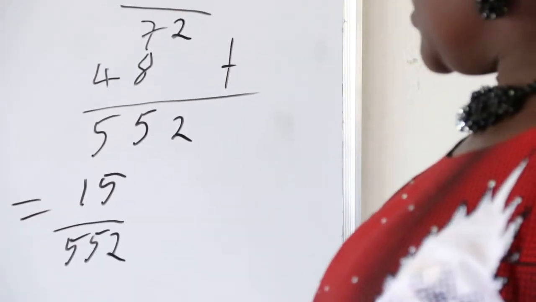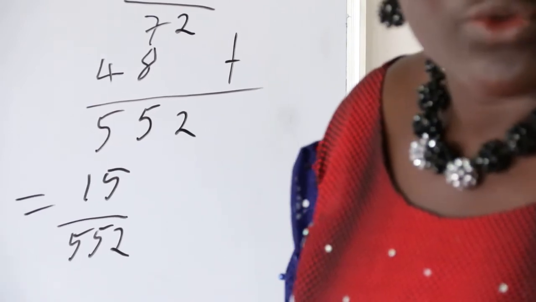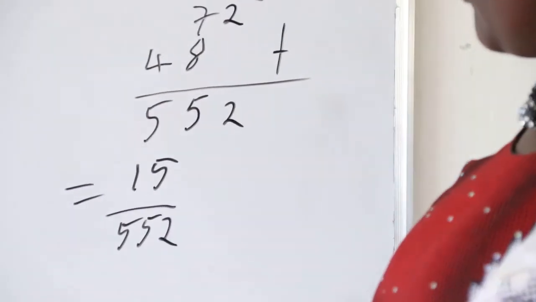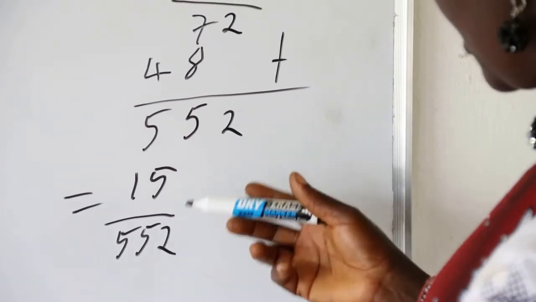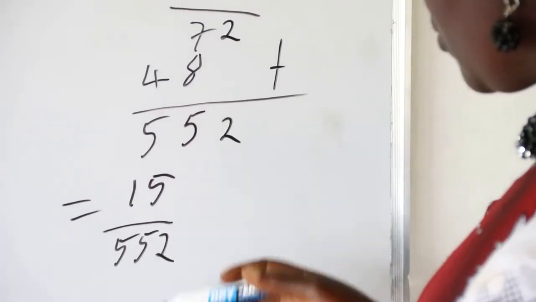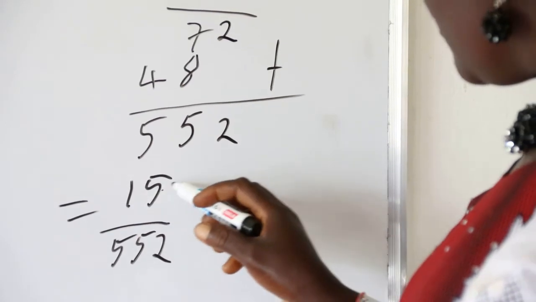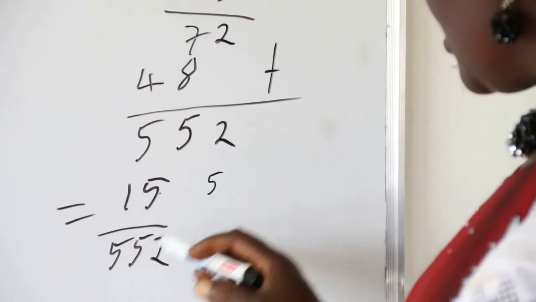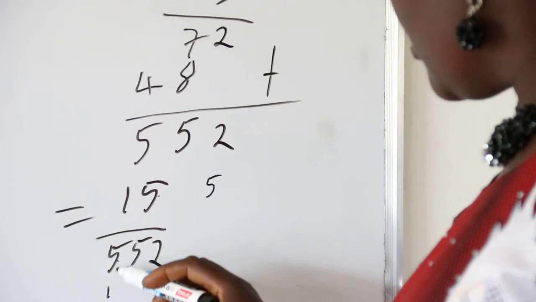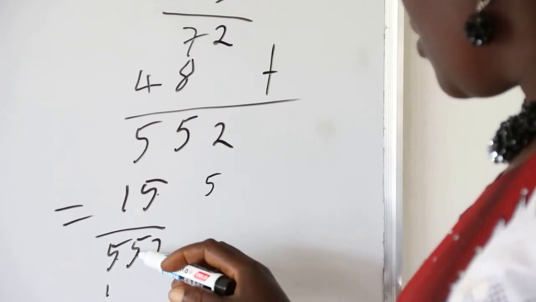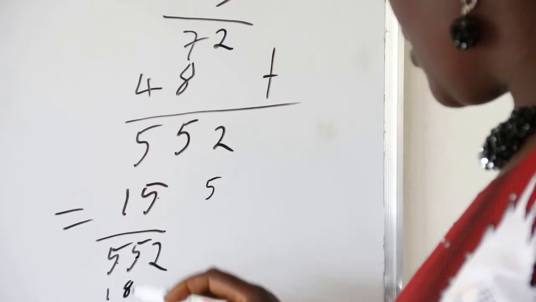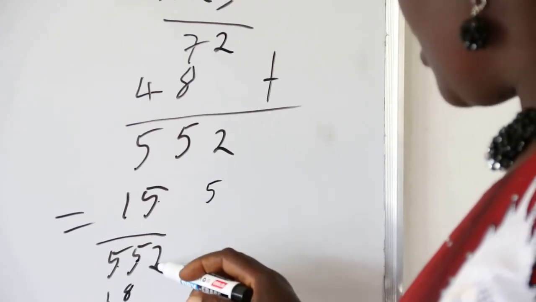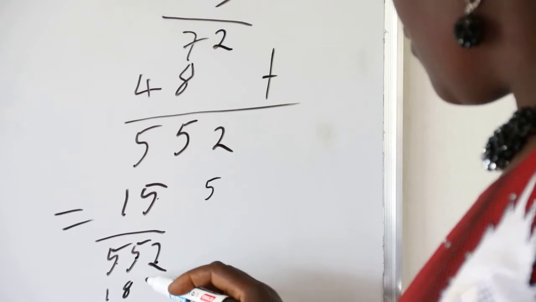In this case, if there is any common factor, you reduce it to its simplest form. Let's see if 3 can go into both numerator and denominator. 3 into 15 is 5. 3 into 5, we have 1, remainder 2. 3 into 25, we have 8, remainder 1. 3 into 12, we have 4.